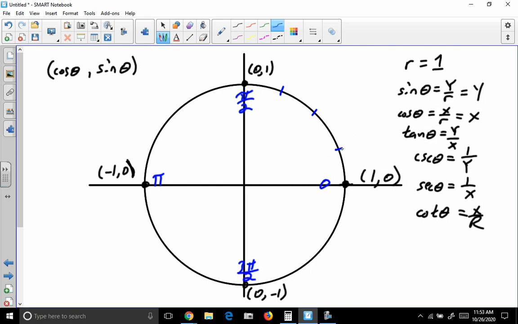But we discussed in a previous section that 30 degrees is pi over 6, 60 is 2 30s, which would be 2 pi over 6, which reduces.